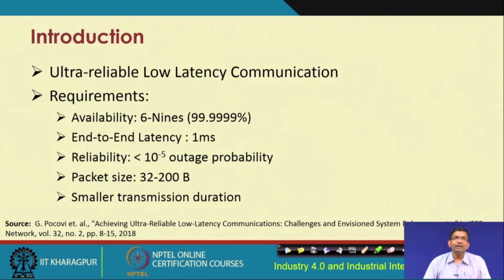So, high levels of availability. Then end to end latency in the order of 1 millisecond, reliability with less than 10 to the power minus 5 outage probability, packet size of 30 to 200 bytes and smaller transmission duration.